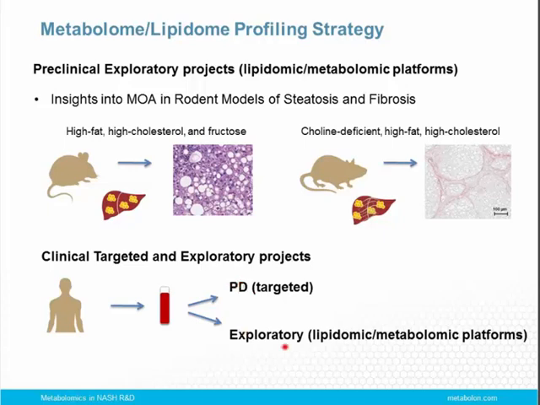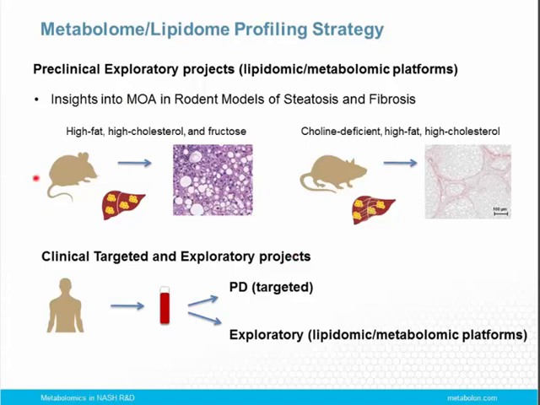And the second is to also do some exploratory work. In the clinic, of course, we're doing this with blood samples, and preclinically, we're doing this with liver samples. And the idea would be that things we identified as relevant to either disease or to treatment in the clinical samples, we can then validate in the blood in the animal samples.